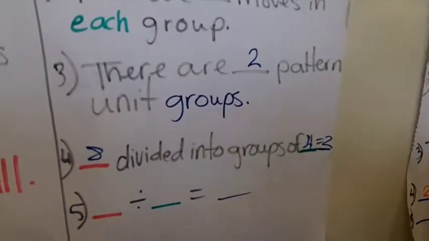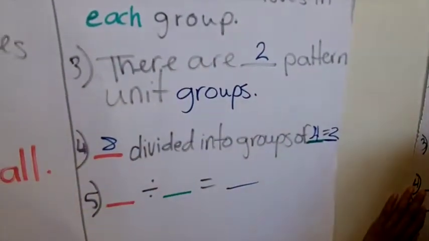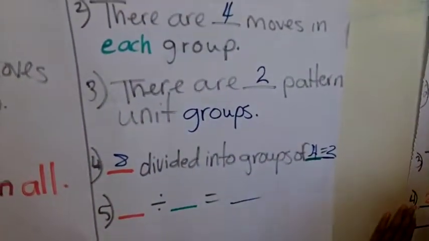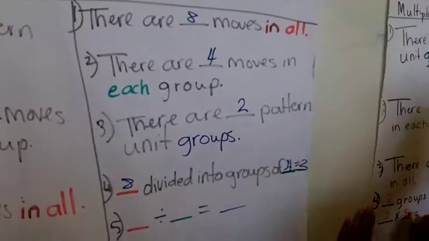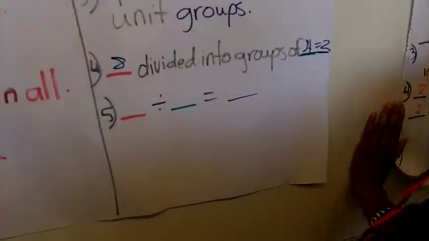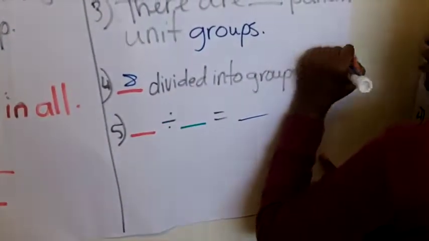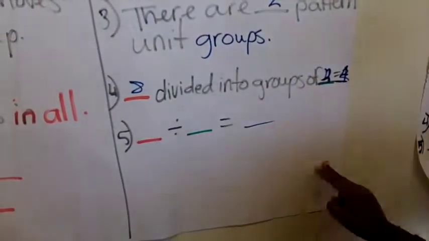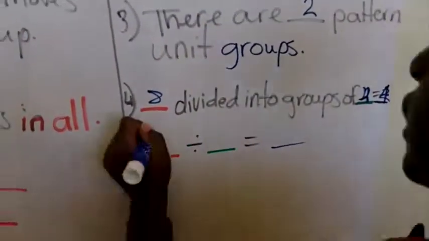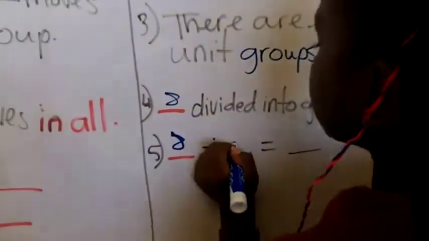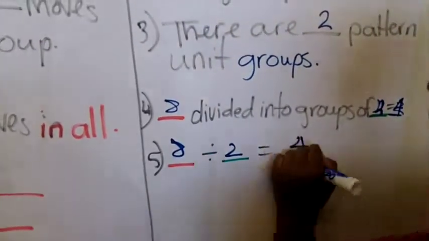Look on the table. How many groups do we have? All right, so there are 8 divided into groups of how many? Put 2. Good, Anissa.